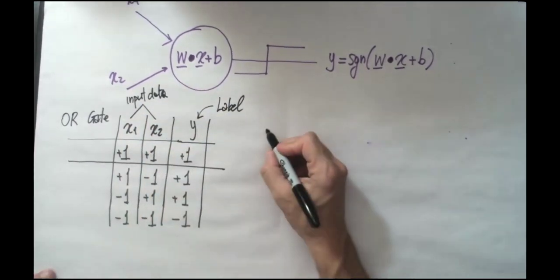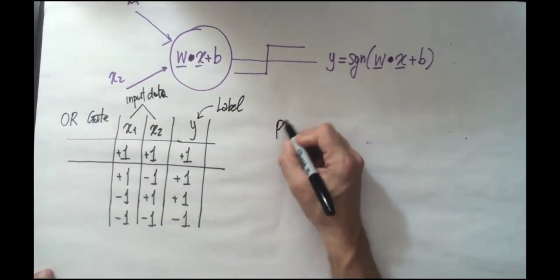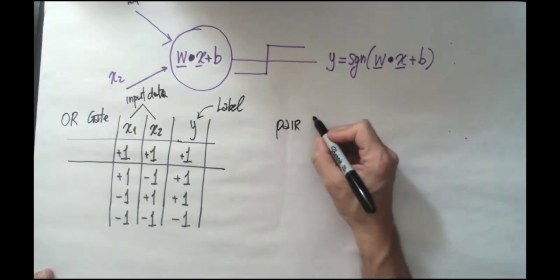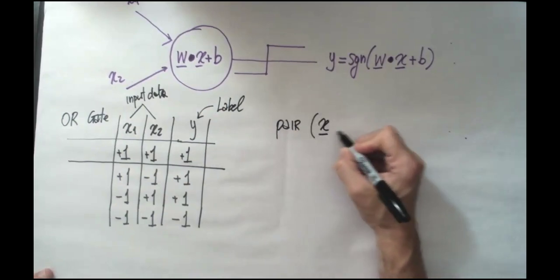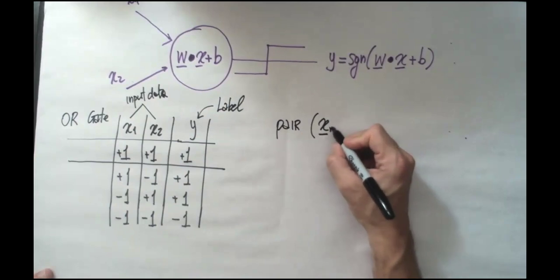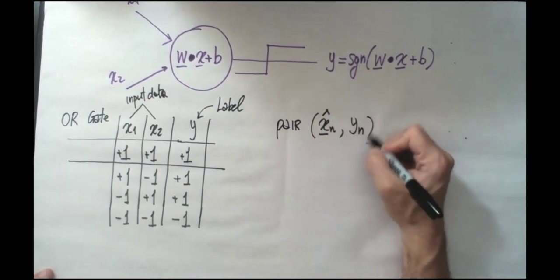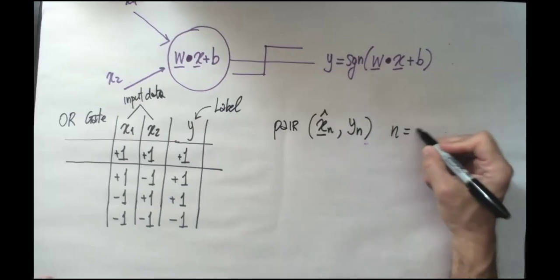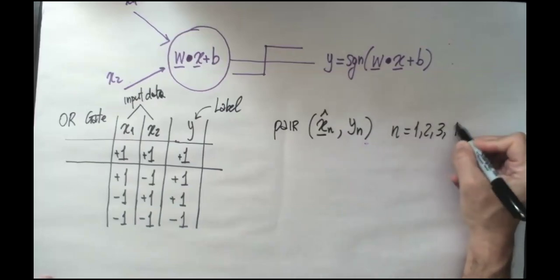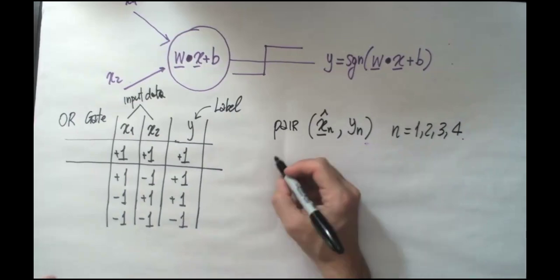So what happened? We have a pair. The data is given by a pair, by a vector xn tilde, and a label yn for n equal 1, 2, 3, and 4. And indeed, what are these pairs?